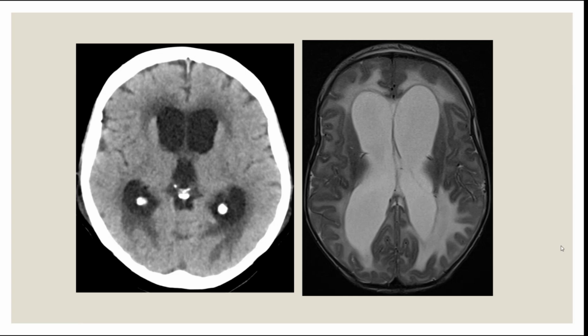And on the CT, in the ventricles, you can see a white, very hyperdense lesion. What do you think this is inside the ventricles?